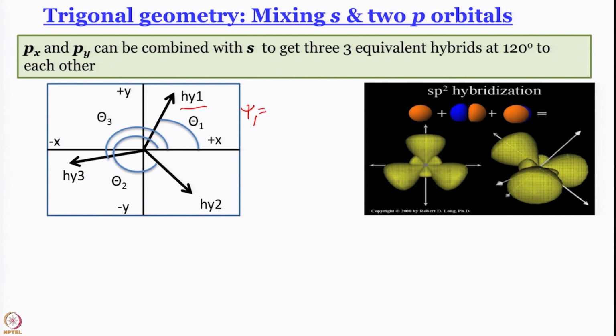That is equal to some coefficient C1 multiplied by psi 2s plus some coefficient multiplied by psi 2px plus some coefficient multiplied by psi 2py. I do not need psi 2pz, right, because I am working in the xy plane.